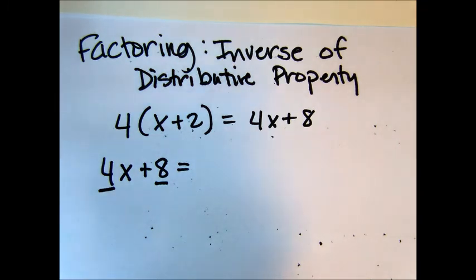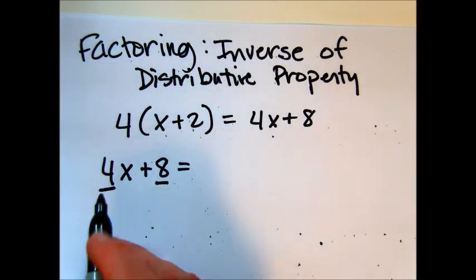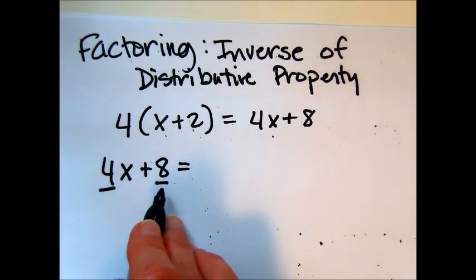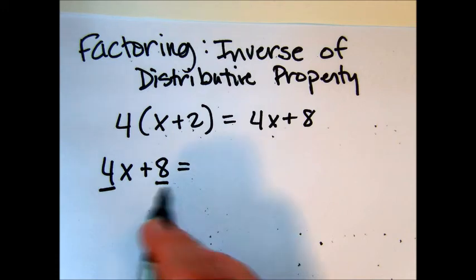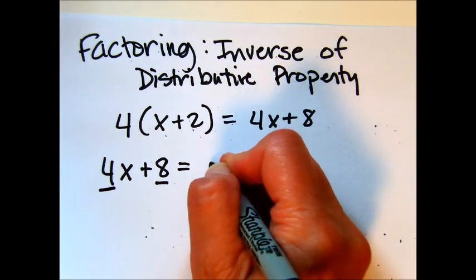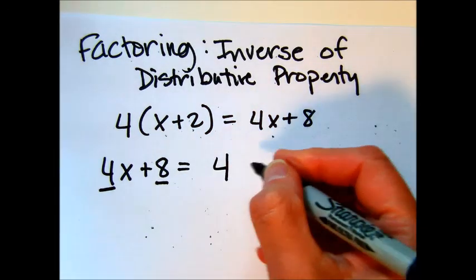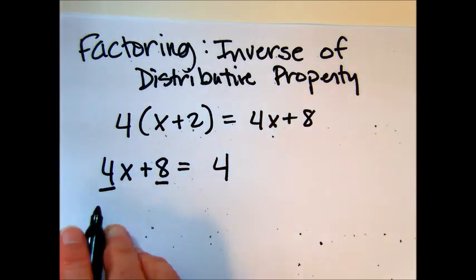So notice that 4 is divisible by 4, and so is 8. 8 is also divisible by 4. So we could say that the factor of 4 and 8 is 4, or the greatest common factor, because really they also have 2 as well as 1.